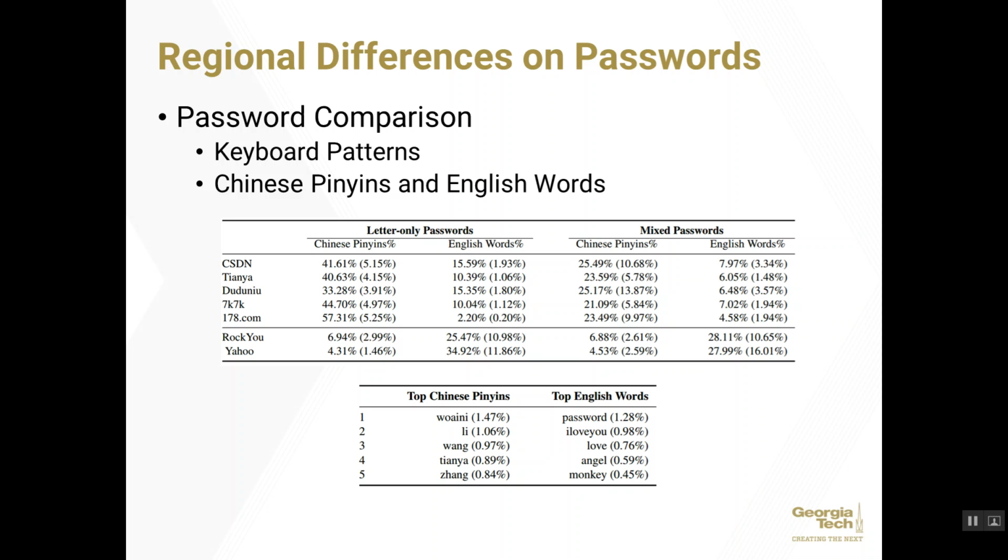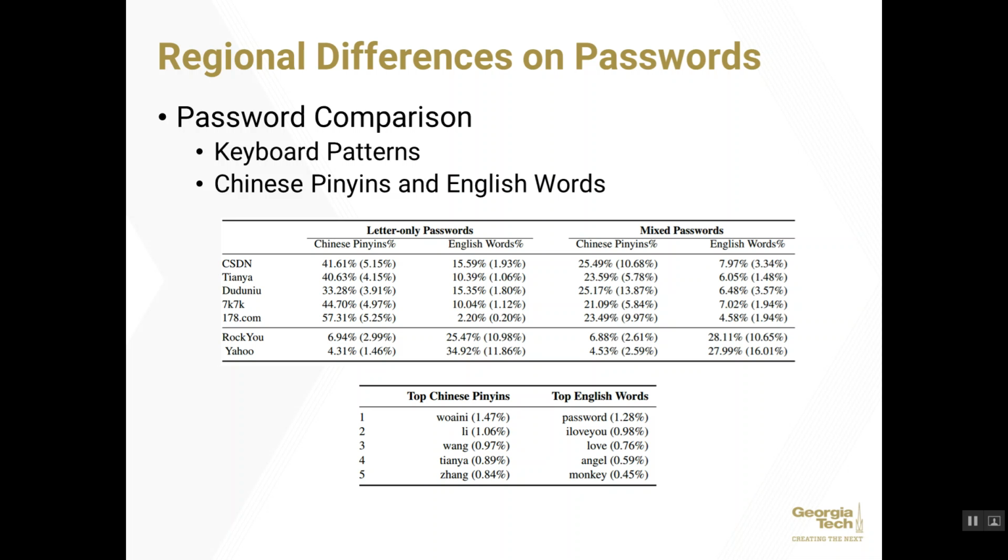Although there are many dialects in China, pinyin is the only way to show their words. In the letter-only passwords, about 30% to 60% of Chinese passwords are combinations of pinyin. And in the mixed passwords, which means passwords containing letters and other types of characters, about 20% of passwords contain pinyin.